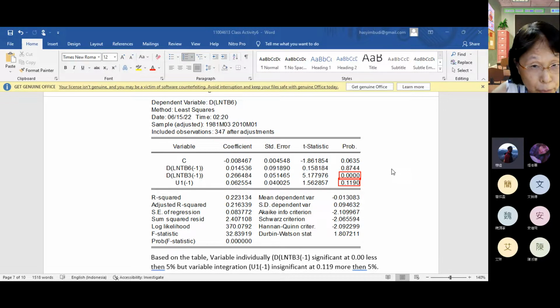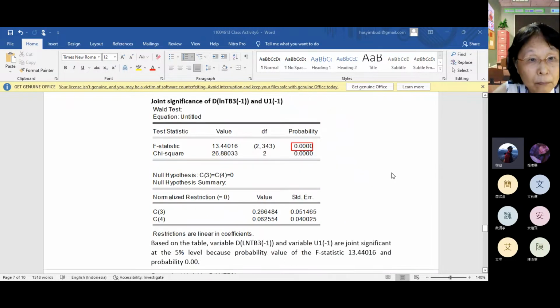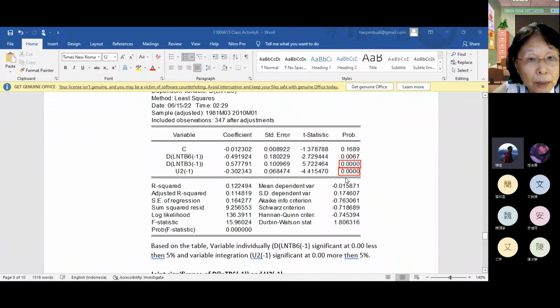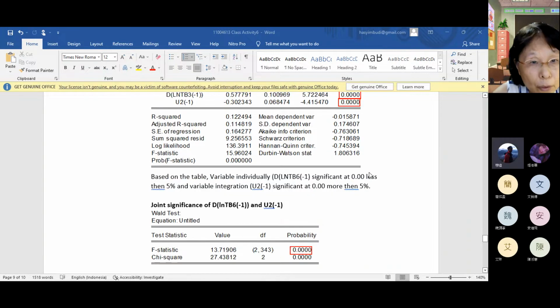Okay, is this your question? No, but when we use TB3 as dependent, it is significant from individual and integration. So of course, if we do the significance test for individual, for the joint test they will be significant.